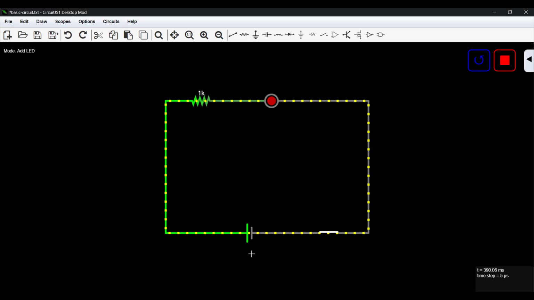As we can see on this circuit, electrons seem to flow from the positive to the negative, but that's not what we talked about. We say that electrons flow from negative to the positive.